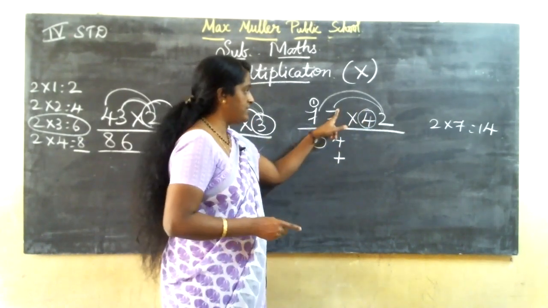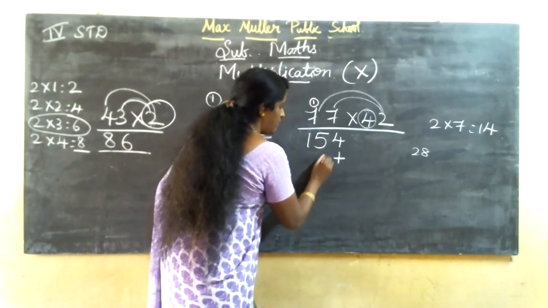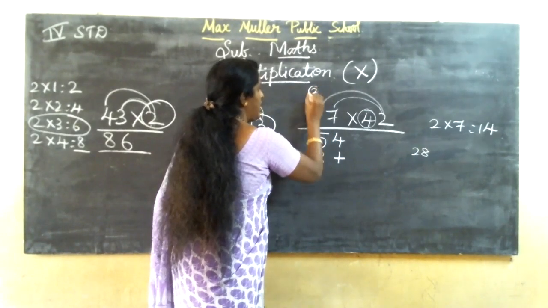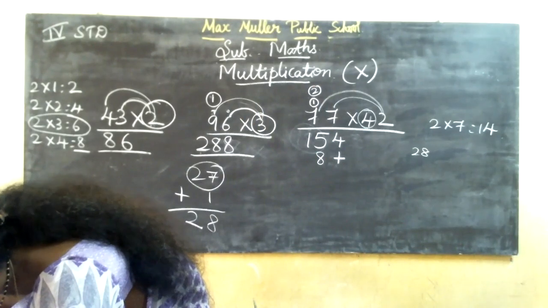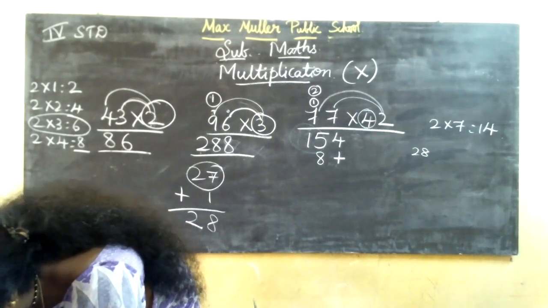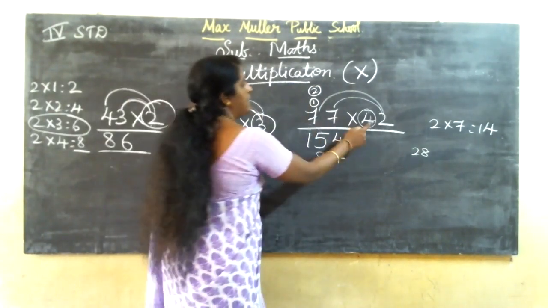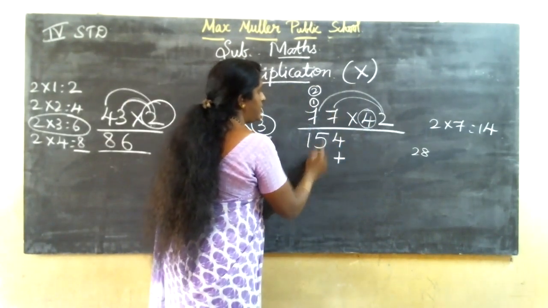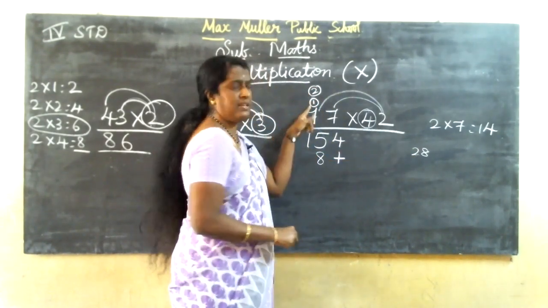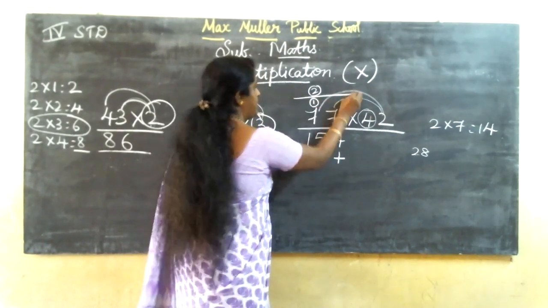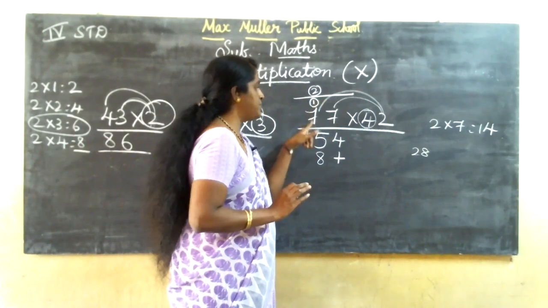See here, 4 sevens are 28. 28 comes, so 8 in this number, 8 here, 2 carry. Okay, this 2 carry I have written. You may think it is 1 carry. This is the first step, it has been completed. Okay, children.